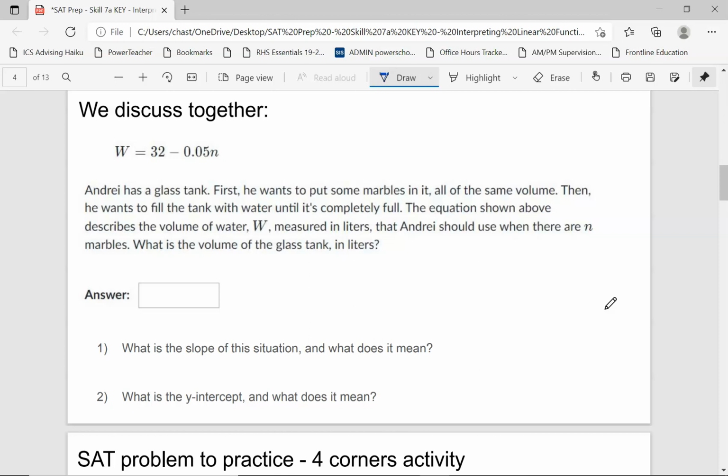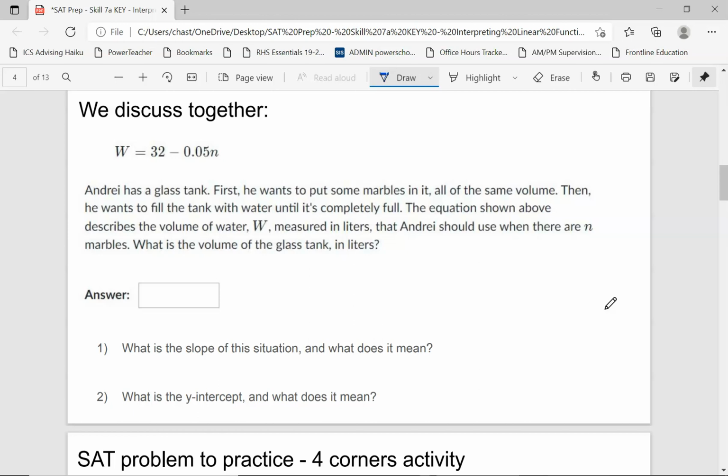First, he wants to put some marbles in it, all of the same volume. Then he wants to fill the tank with water until it is completely full. The equation above describes the volume of the water W measured in liters that Andrei, or whatever his name is, should use when there are n marbles. What is the volume of the glass tank in liters?